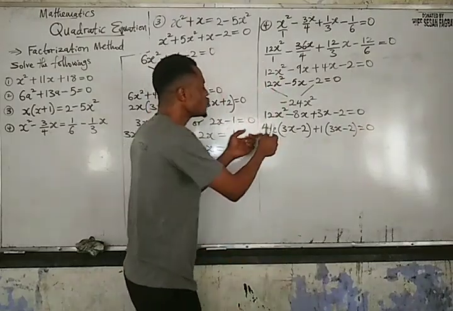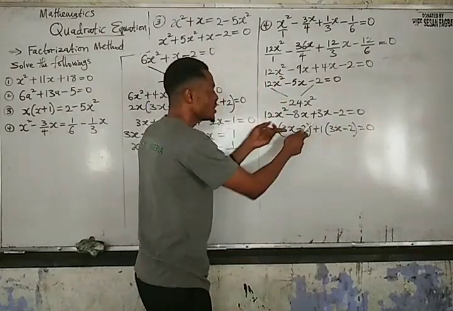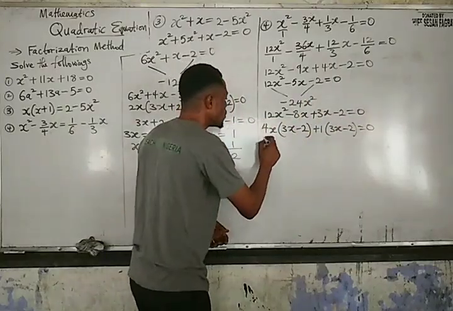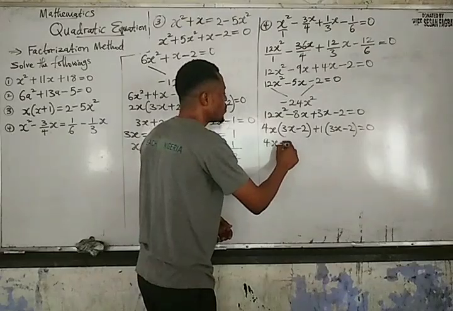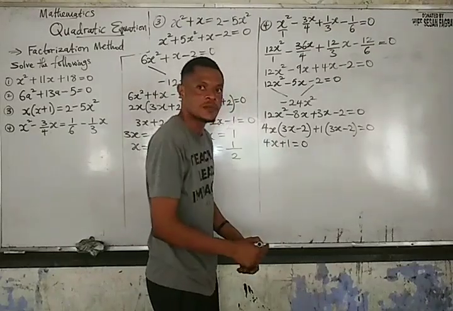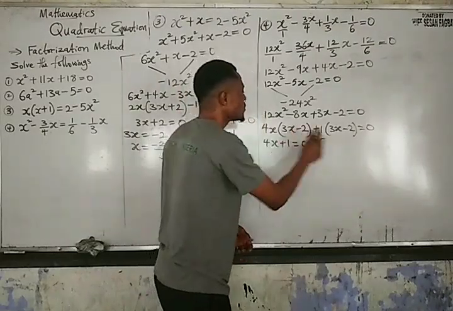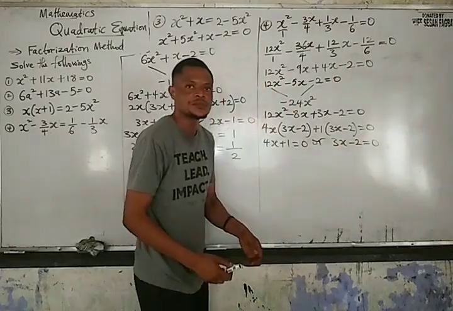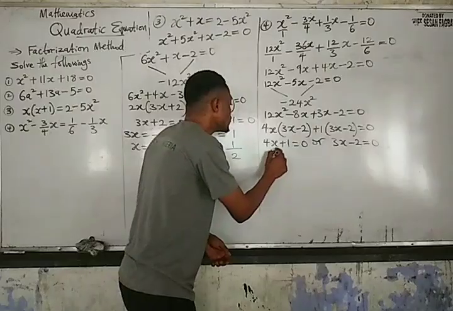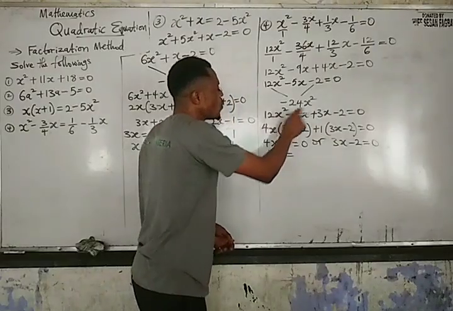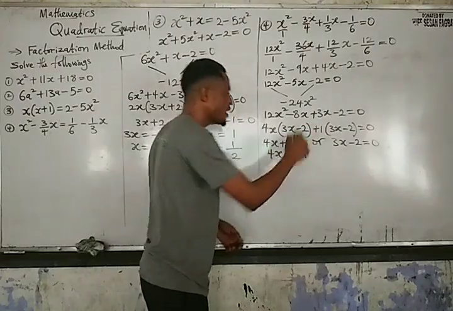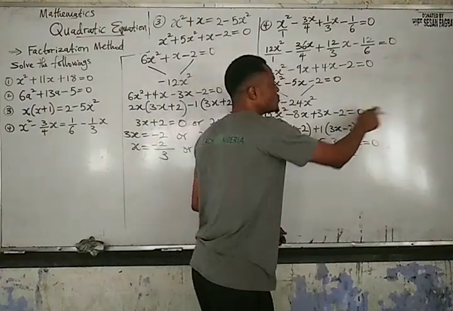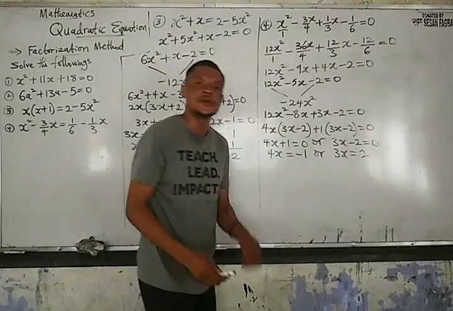So we choose to pick the one outside to be equal to 0, and the one in the bracket, we pick one of it to be equal to 0. 4x plus 1 equal to 0, or 3x minus 2 equal to 0. 4x is going to be equal to minus 1, or 3x equal to 2.